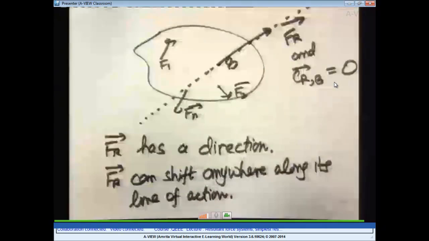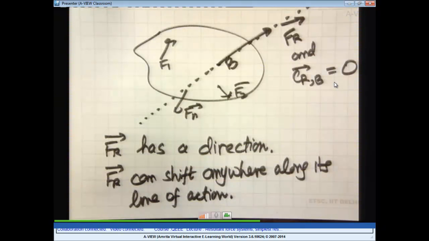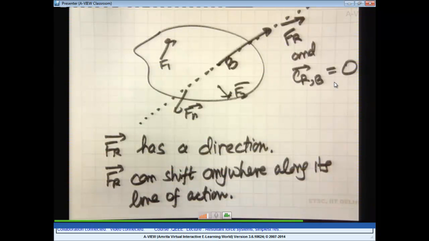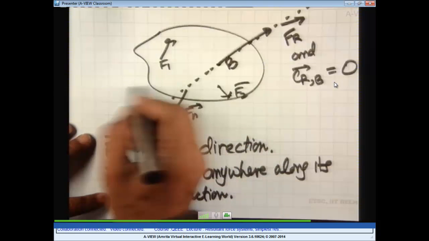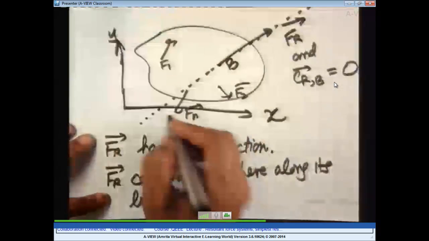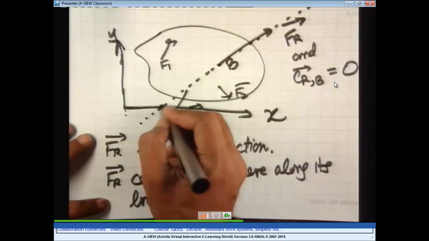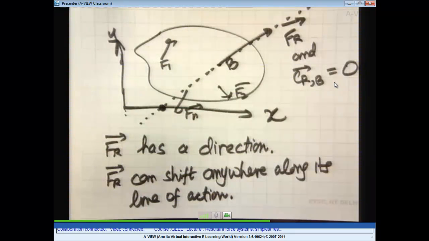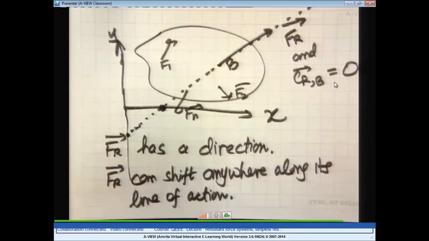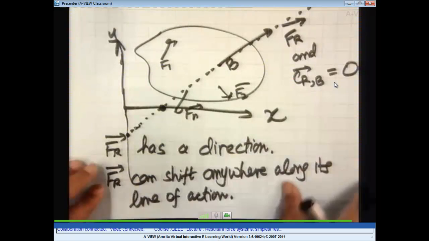Actually, it is a line passing through Fr, and all points on this line, the equivalent will be just a single force Fr. Because there are infinite such points, if this is x-axis, if this is y-axis, I can find where the line of action of Fr will intersect with the x-axis, or where it intersects with the y-axis. And that would then give me the point.